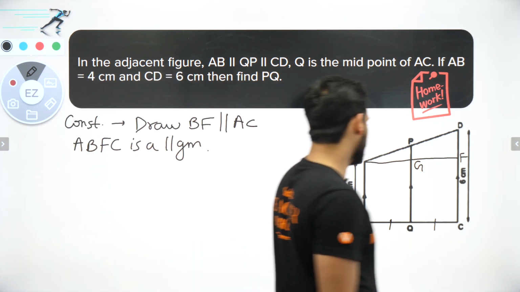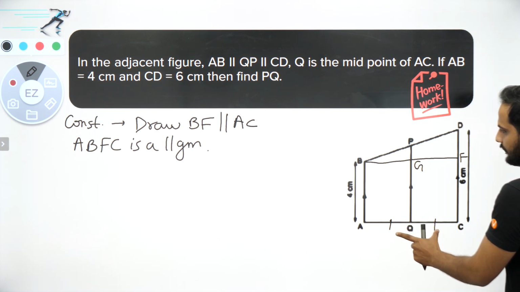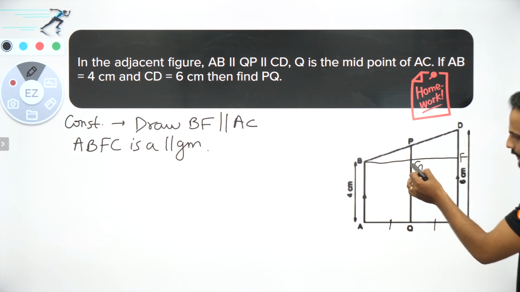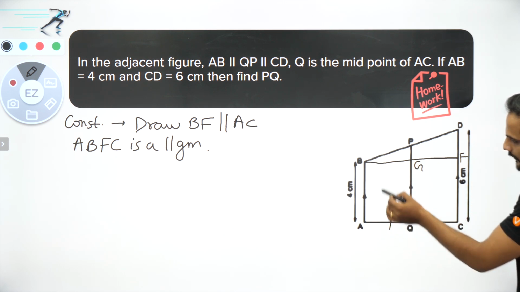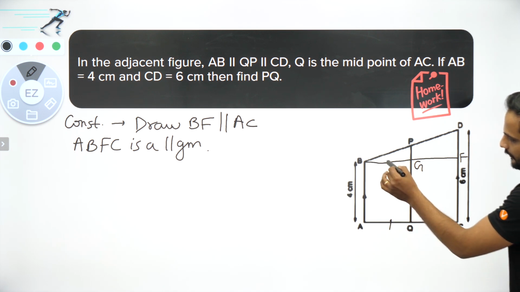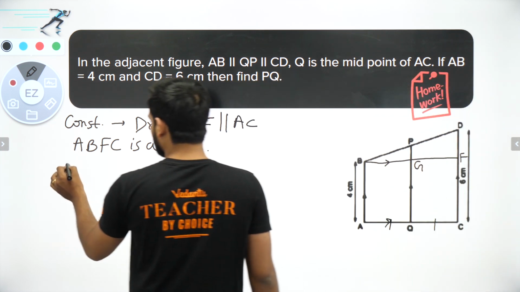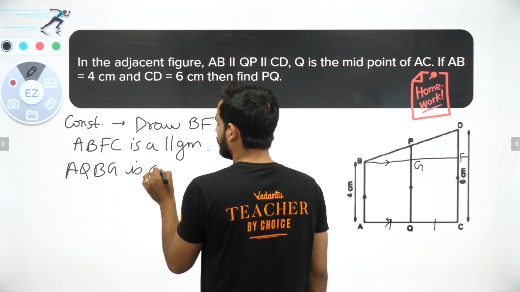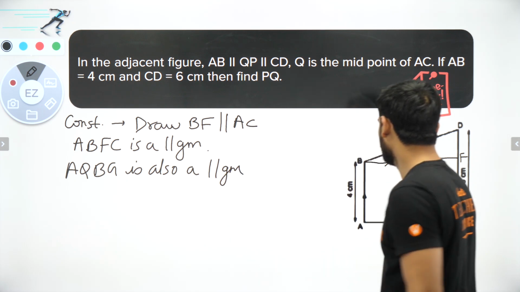So if that is true, then AC will be equal to BF. And if this line is parallel to AB as well as CG, then AQBG is also a parallelogram, right?